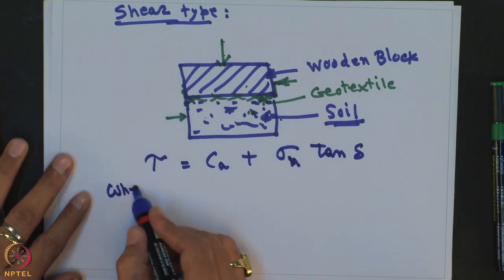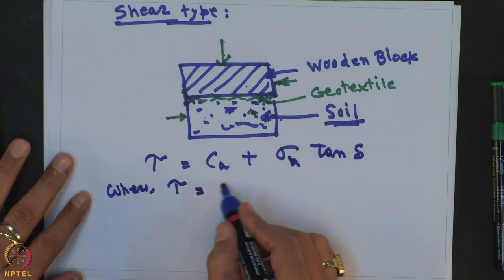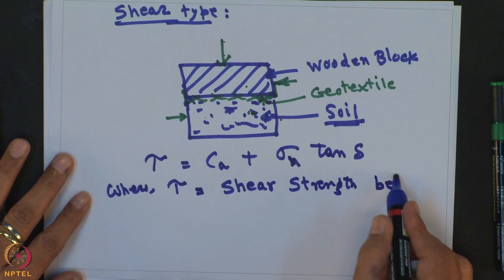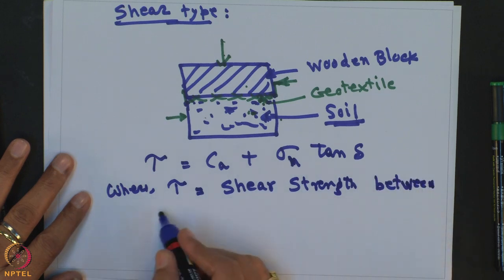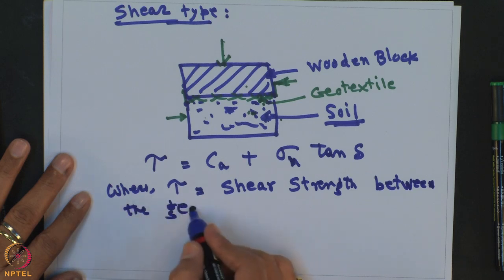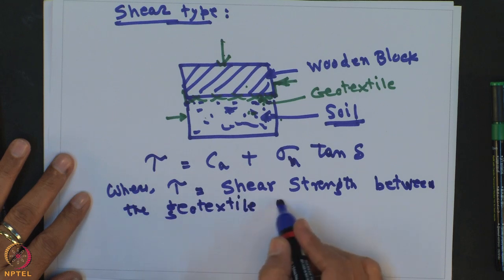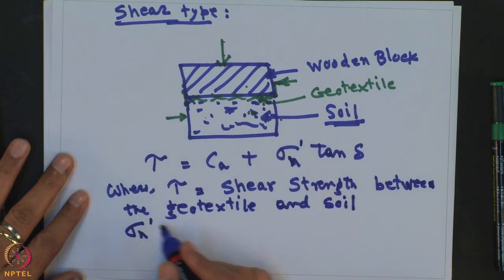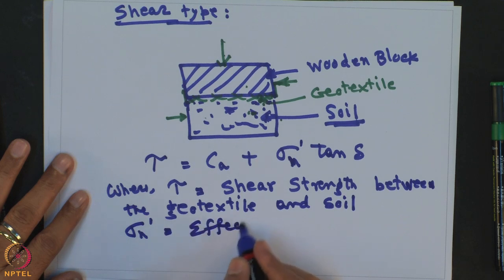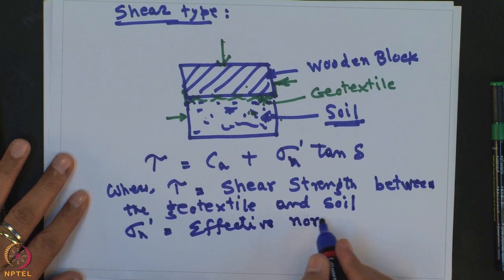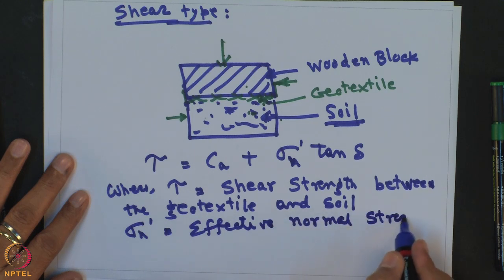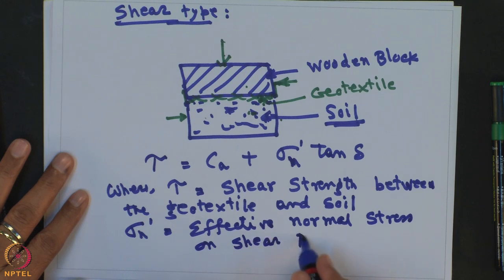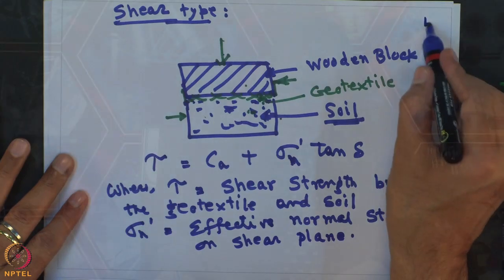Where tau is equal to the shear strength between the geotextile and soil, and sigma n dash is equal to the effective normal stress on the shear plane.